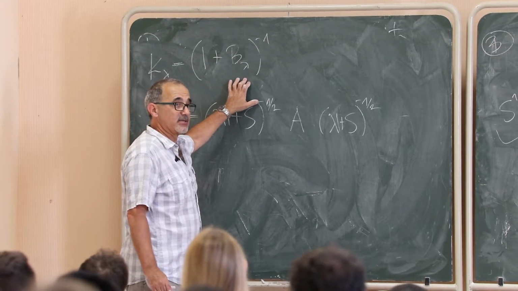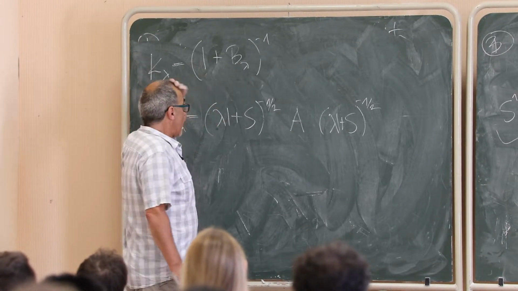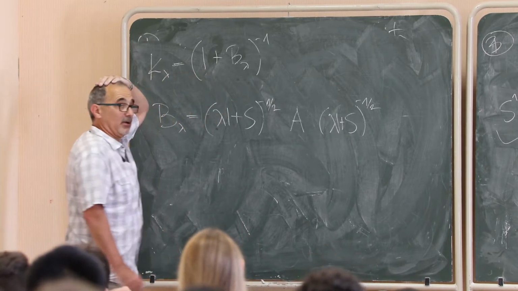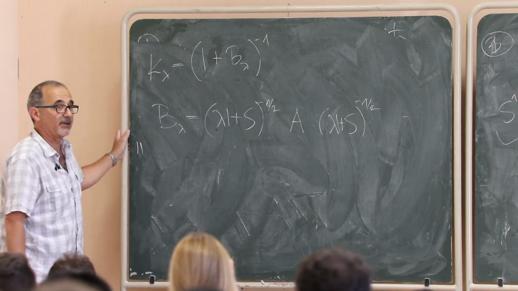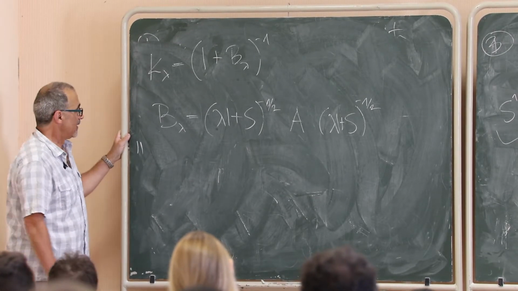What happens when lambda goes to 0? Now, the problem is the following. Let's be formal. Think about everything between quotes now, because it may not make sense, but it will make sense.